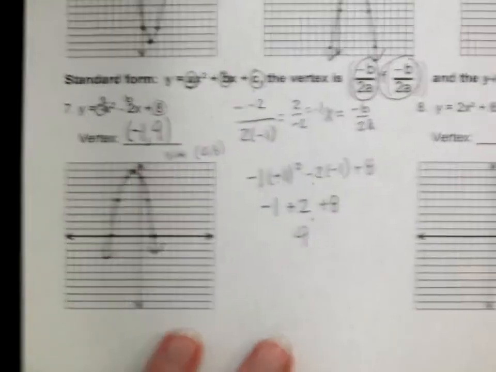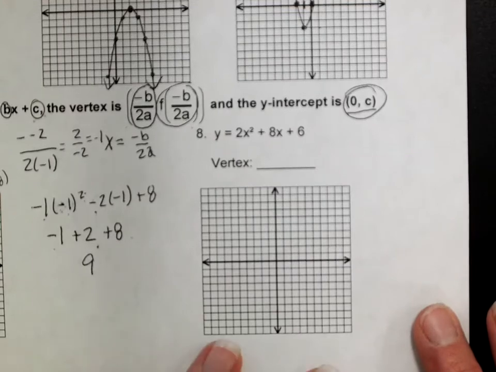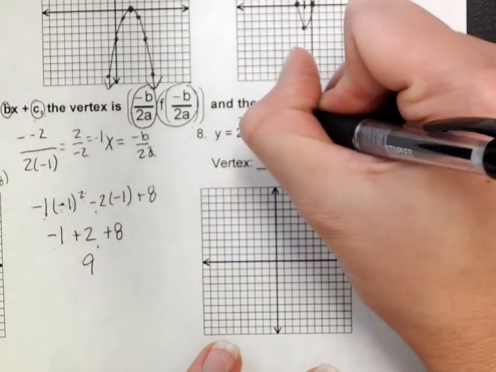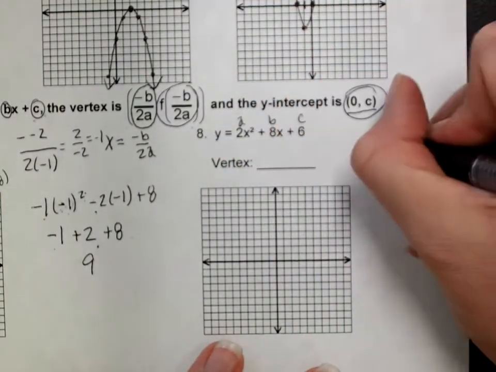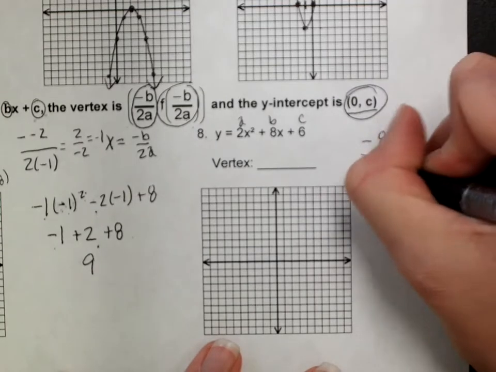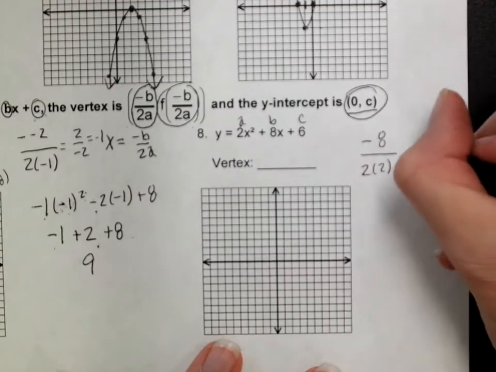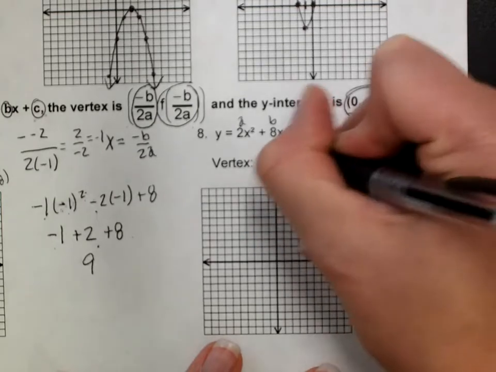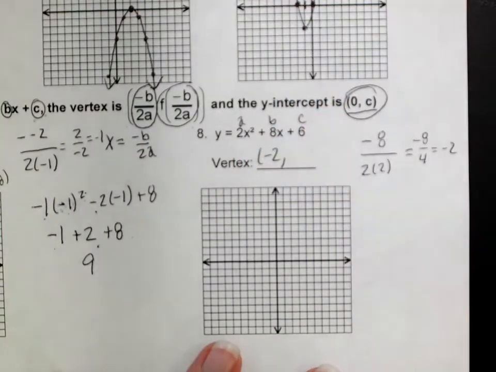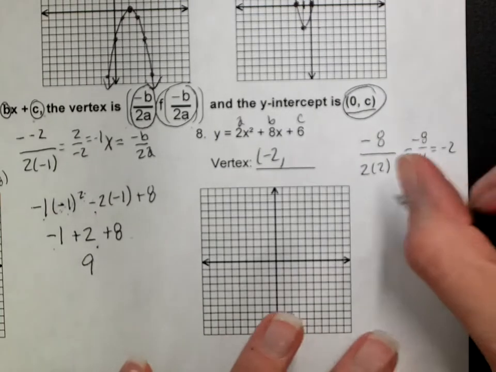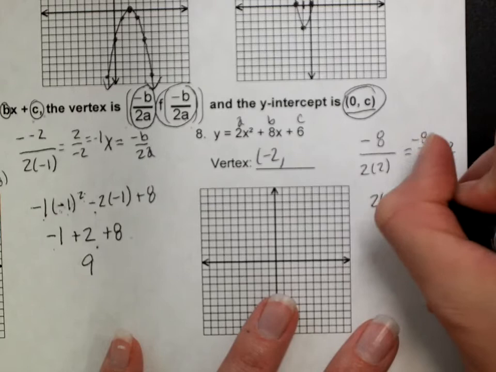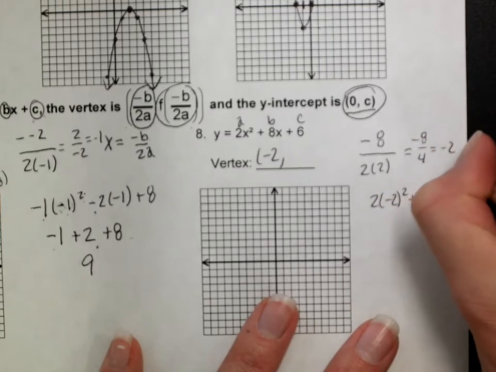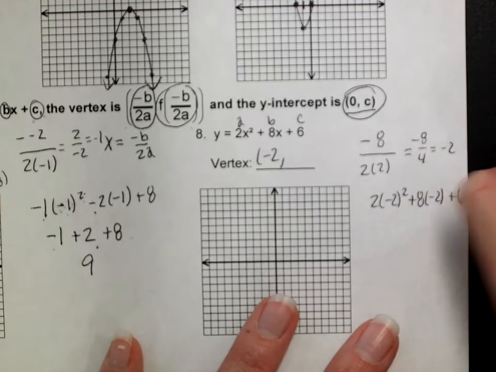One more question like this. Again, negative b over 2a. So negative 8 over 2 times 2. That's going to be negative 8 over 4 or negative 2. So negative 2 is the x value of your vertex. How do you find the y? Plug it in, just like on the root formula. So 2 times negative 2 squared plus 8 times negative 2 plus 6.